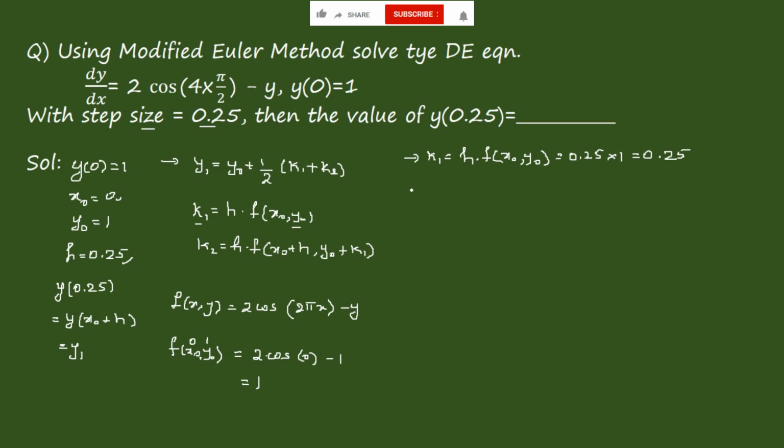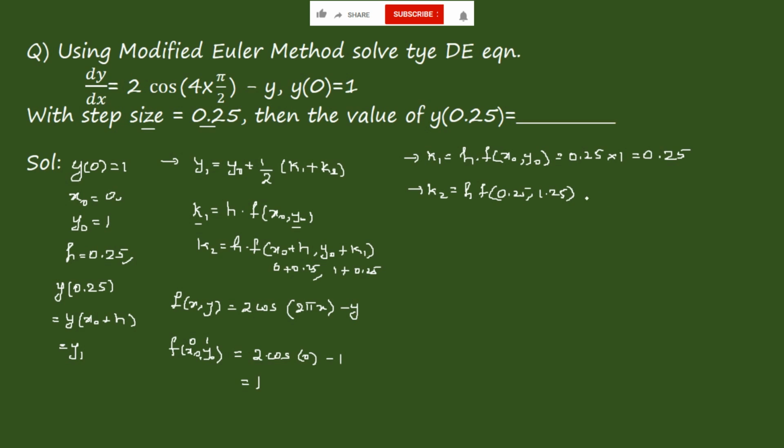Now the value of k2, right? k2 is equal to h into f of x naught plus h, so it becomes 0 plus 0.25, and y naught is 1 plus k1, which is 0.25. So the value of k2 is equal to h into f of, we will substitute the values here, it becomes 0.25 comma 1.25.